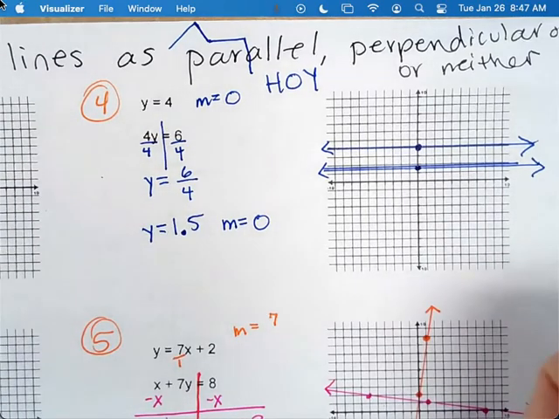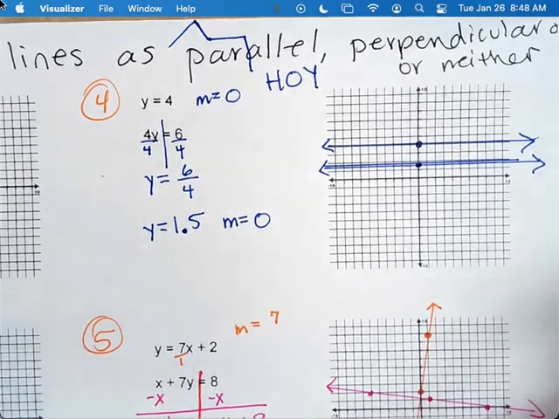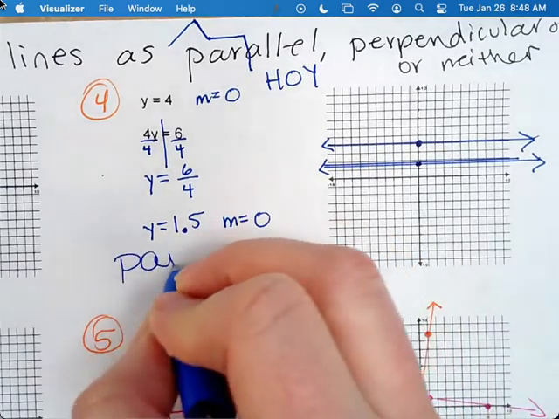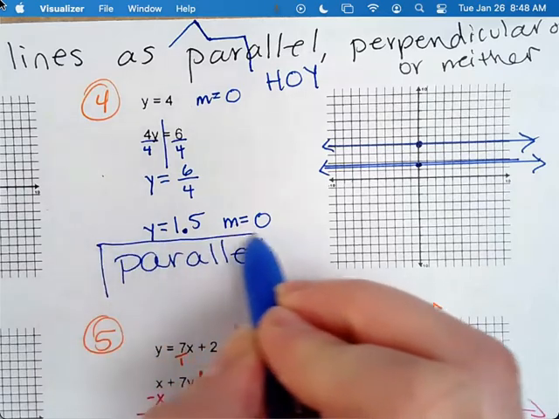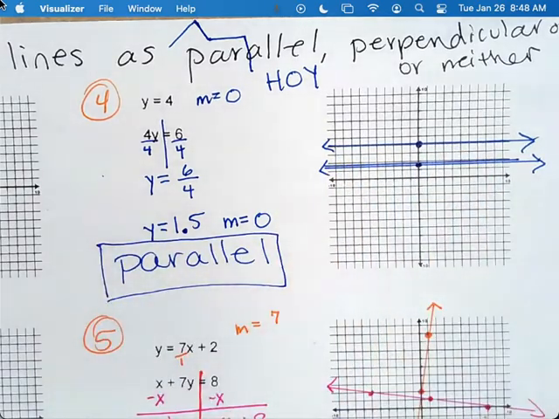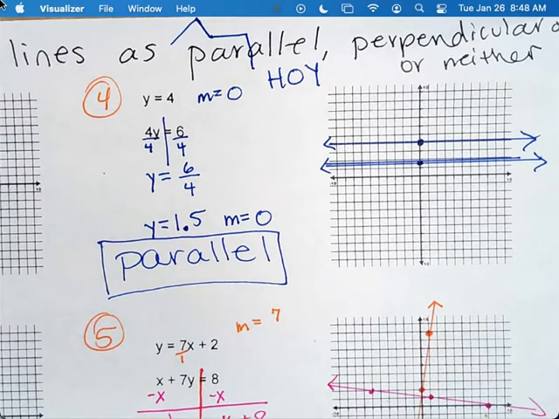So if we're classifying these, what would these lines be classified as? Parallel. Same slope, and they also never touch. Pretty easy.